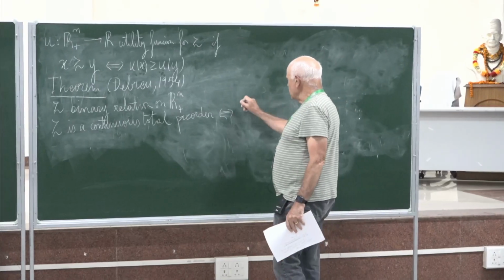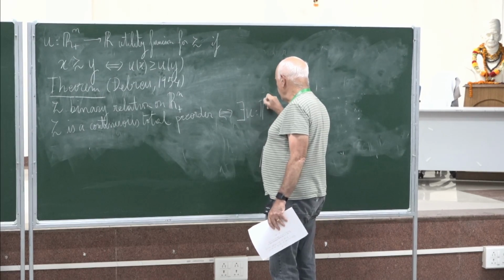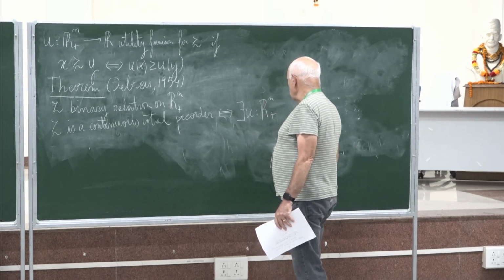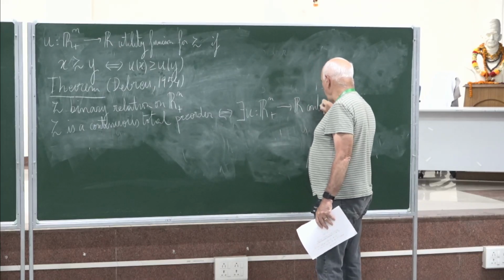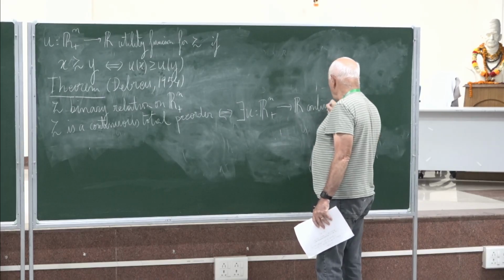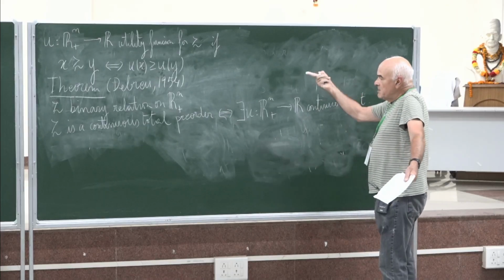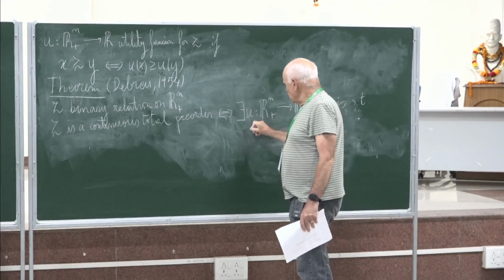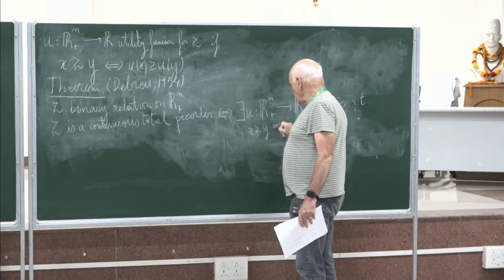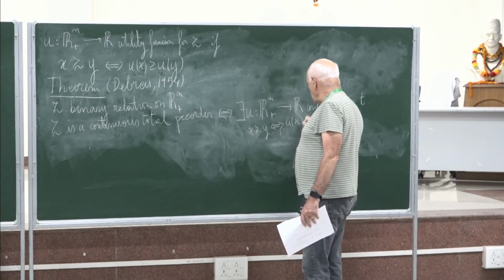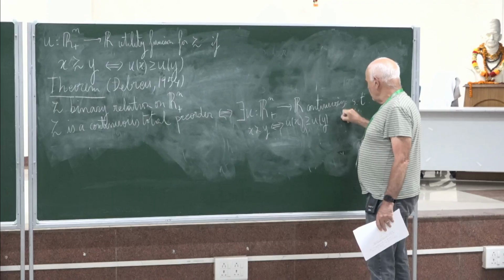There exists U from R plus N into R, continuous, such that U represents the relation, such that x is preferred to y if and only if U of x is greater than or equal to U of y, for every x, y.